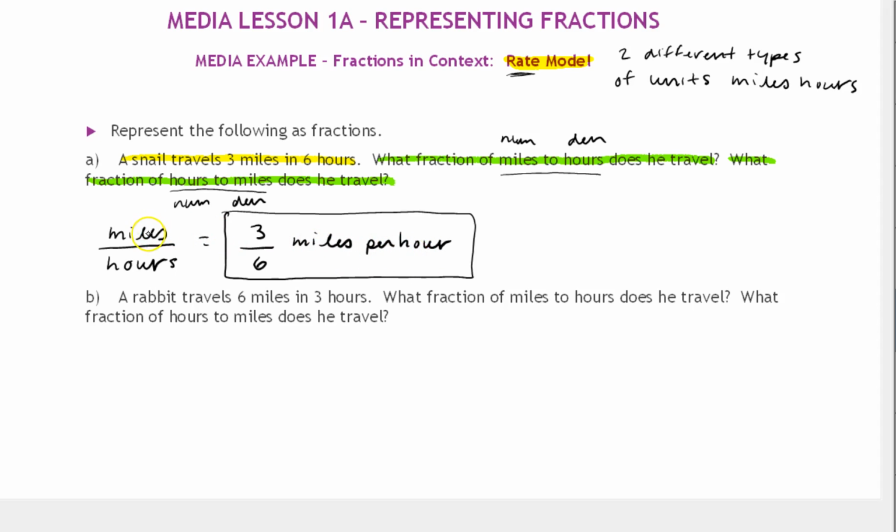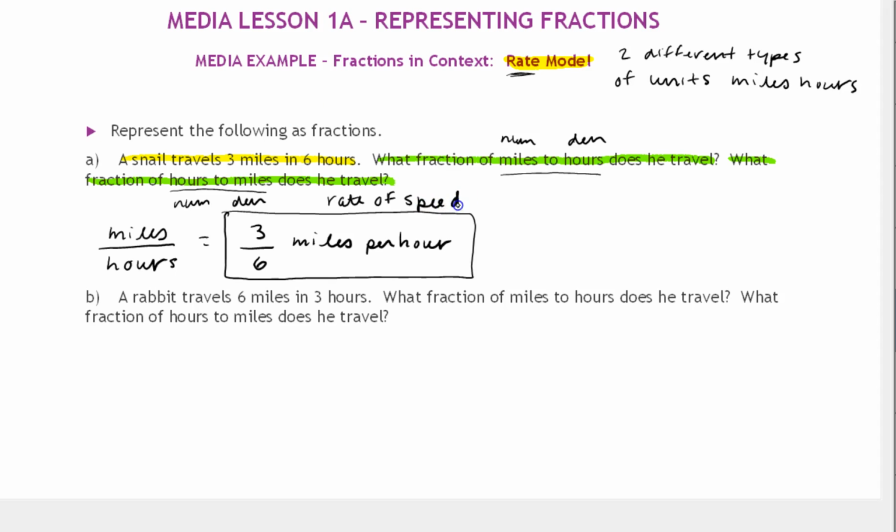We started with miles. Miles measures distance. Hours measures time. Distance and time are two different things, but they're related here. And miles per hour isn't talking specifically about distance or time. It's talking about distance over time, which is speed. So this is a rate of speed.